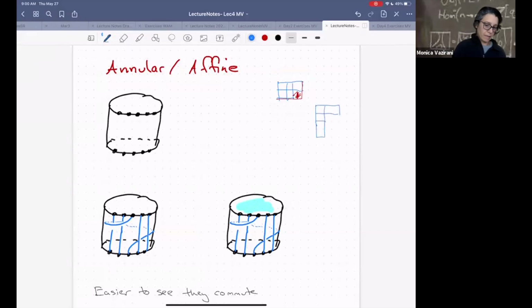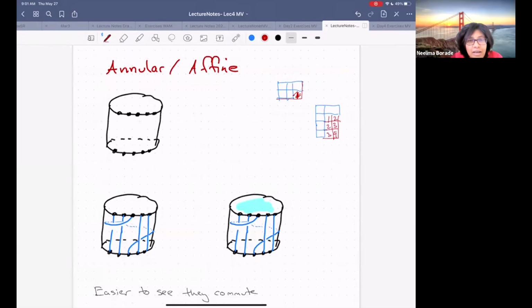If we had something like this, you would make a rectangle like so, and you would put in hook lengths here, like 4, 3, 2, 3, 2, 1, kind of going up that way. Is that how you would put the hook lengths in? I would guess so. Yeah. Okay.